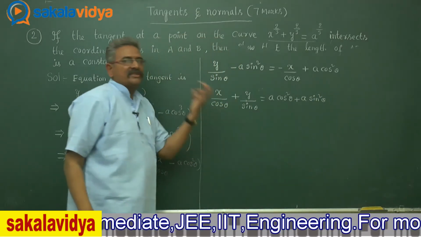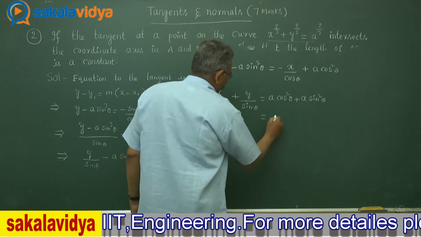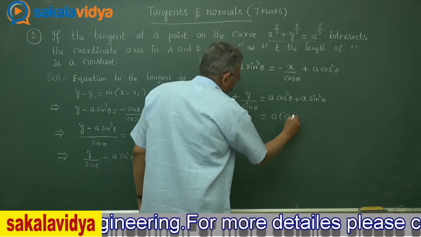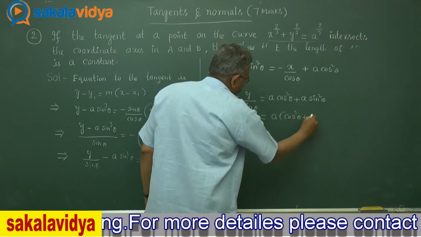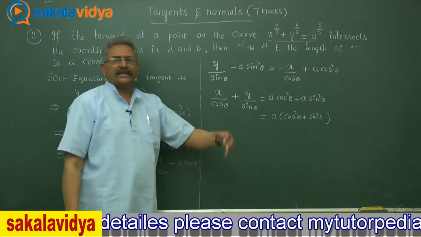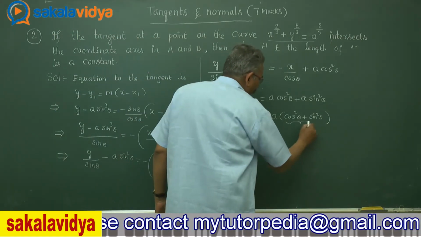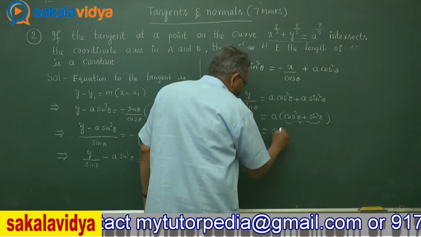A very interesting fact we will get here. This can be written with a common, cos square theta plus sin square theta. The cos square theta plus sin square theta is one of the trigonometric identities. We know that the value is equal to 1. So this is a times 1, equal to a.